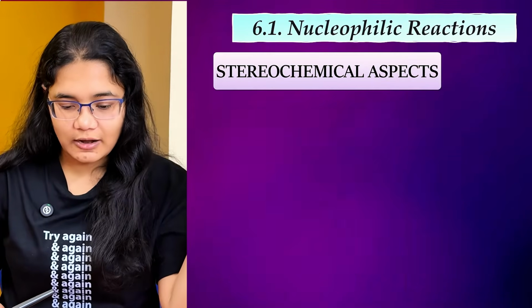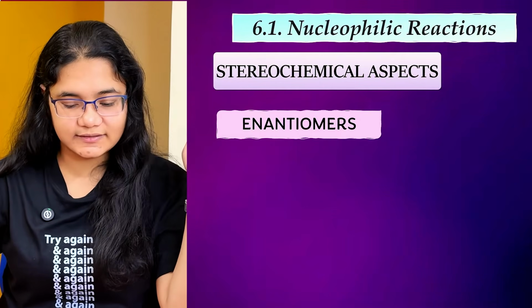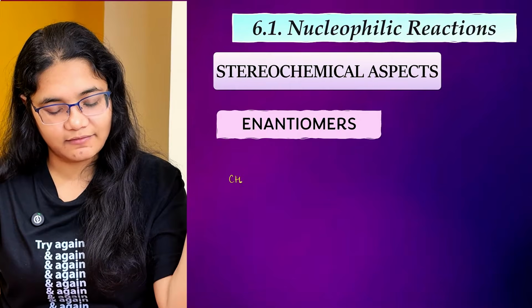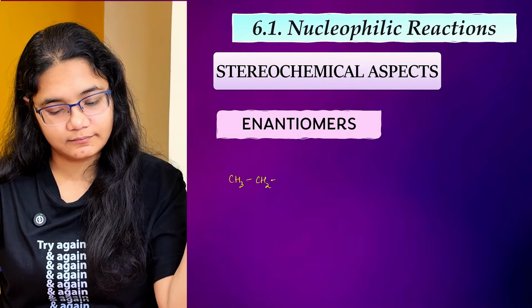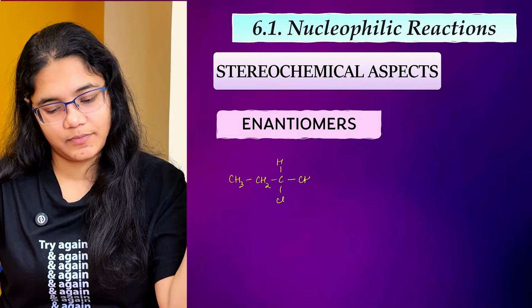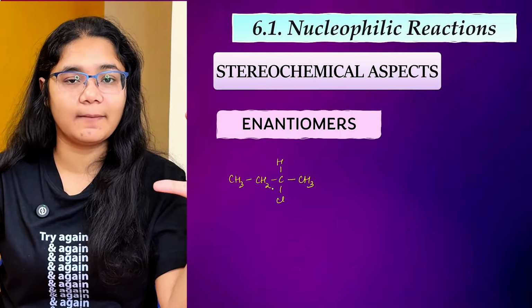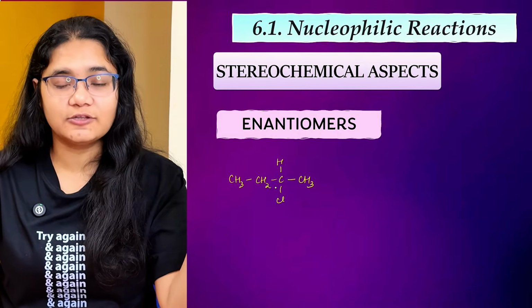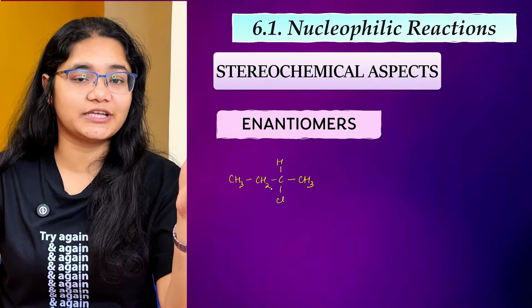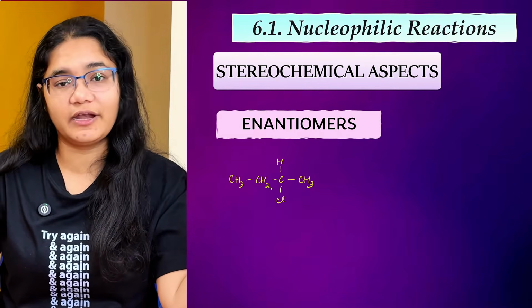Now let's talk about something called enantiomers. To understand this, let us take one example. Suppose I have a compound like this. Just check and tell me whether this compound is optically active or not. What is the criterion? You need to check if there is any chiral carbon, a carbon which has 4 different groups attached.